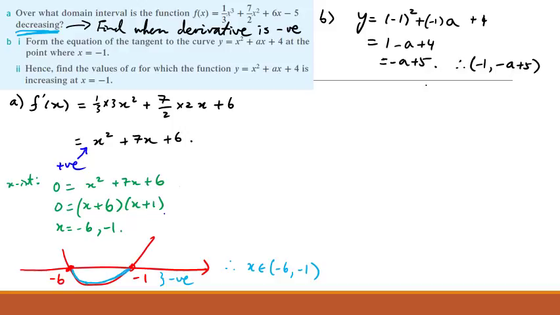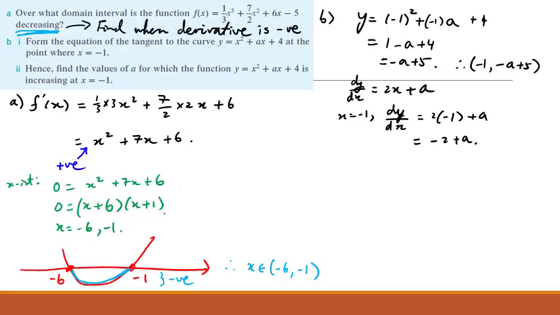Then find the gradient. So you have 2x plus a, then sub in your x value, x equals -1, dy/dx is equal to 2 times -1 plus a, which gives us -2 plus a.